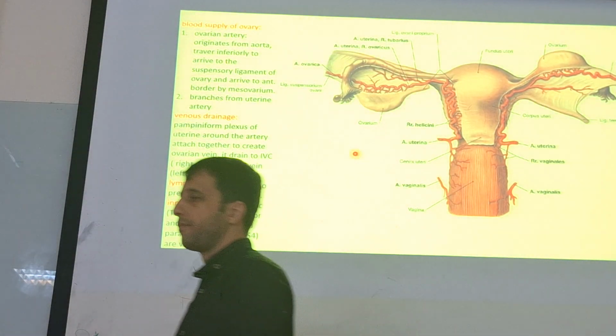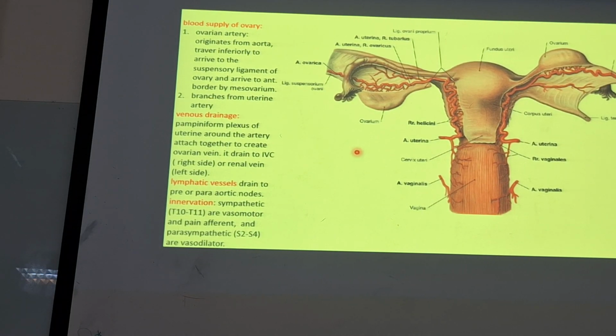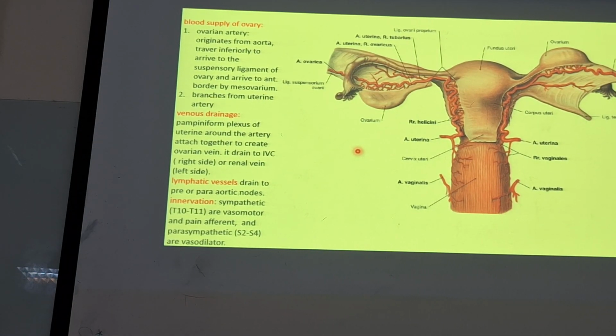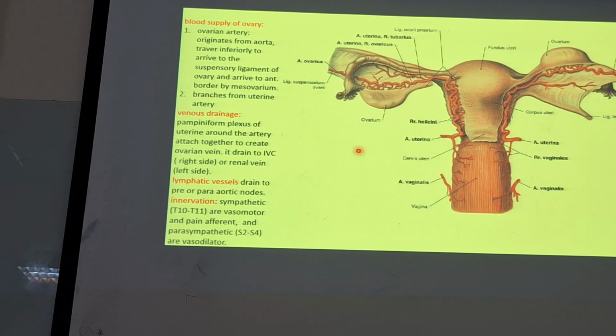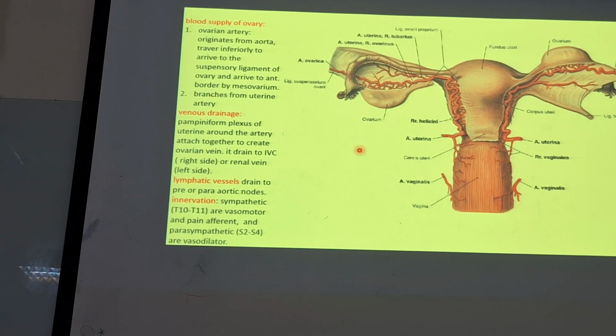Blood supply. The main artery of the ovary is the ovarian artery. It is just like the testicular artery, and it originates from the abdominal aorta. Another artery which participates in supply is the uterine artery, a branch of the internal iliac artery.